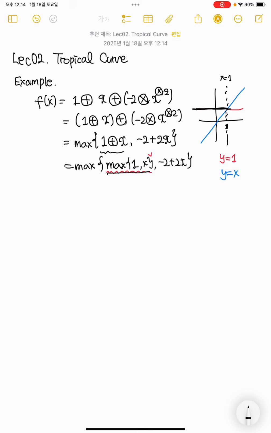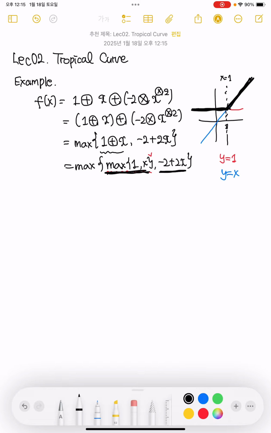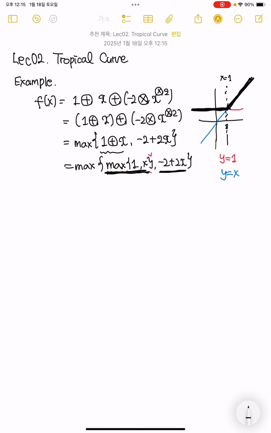However, if x is greater than 1, then the maximum function is the linear function. So max of 1 or x will be plotted like this. Okay. So, what about these? If we plot this graph, that graph will be here.